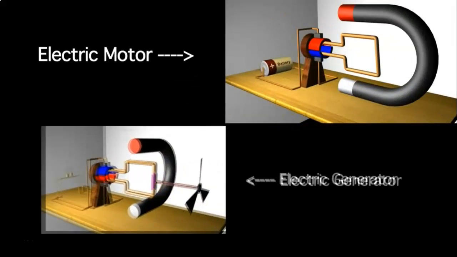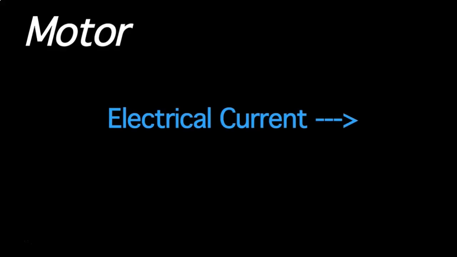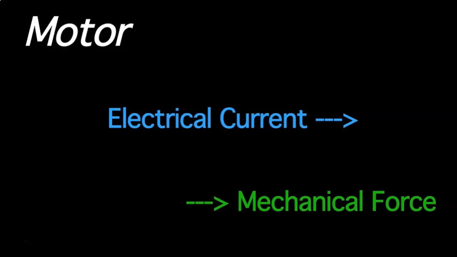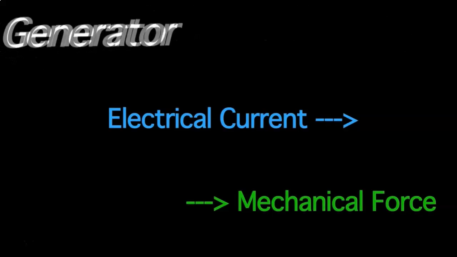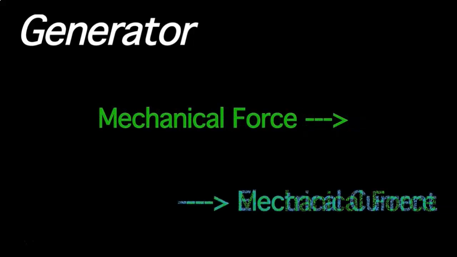The electric motor and the electric generator are related like two sides of a coin. In general, the task of an electric motor is to convert electrical current into mechanical force. On the other hand, an electrical generator converts mechanical force into electrical current.